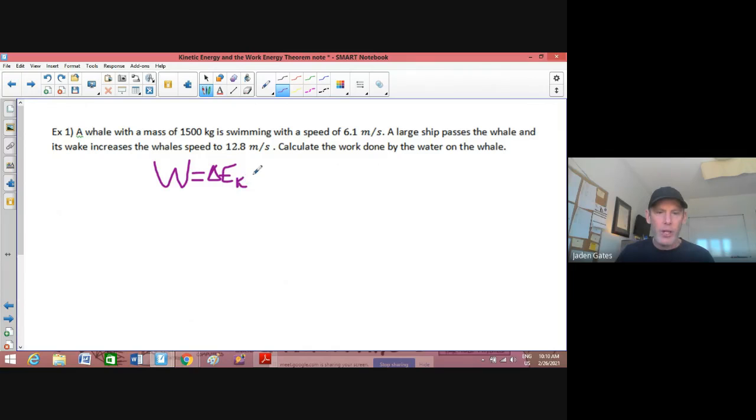When you have a change of kinetic energy, that means you have a change in speed. So what we're going to look at is 1/2 m vf squared, our final velocity, minus 1/2 m vi squared. This formula can be looked at different ways, by the way, but I stick with this because it's the easiest to calculate. We're looking for work.